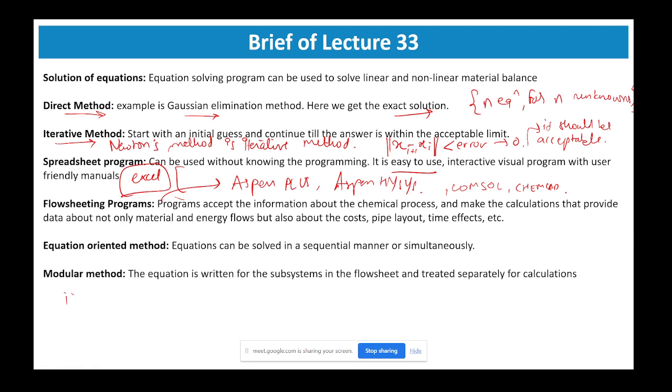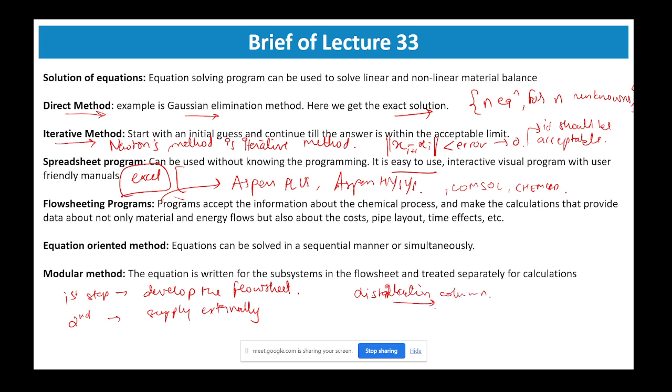So the first step is to develop the flow sheet. Then the second step is you supply data externally. There will also be some inbuilt database, and based on it, say for example you need to solve a distillation column.